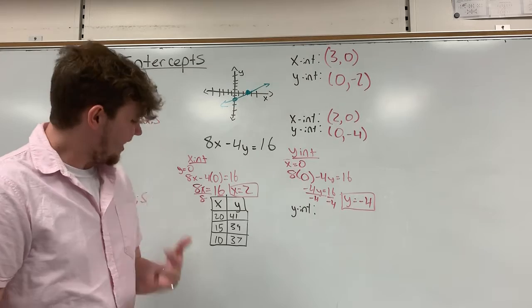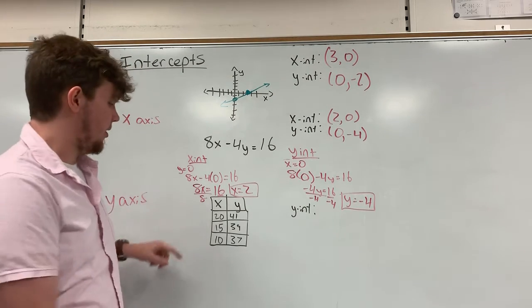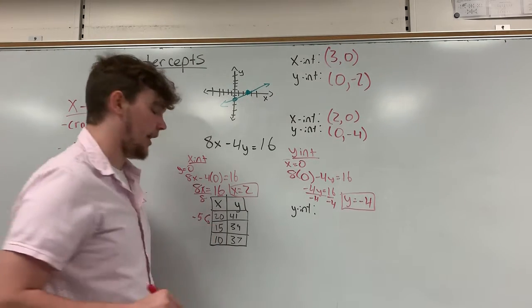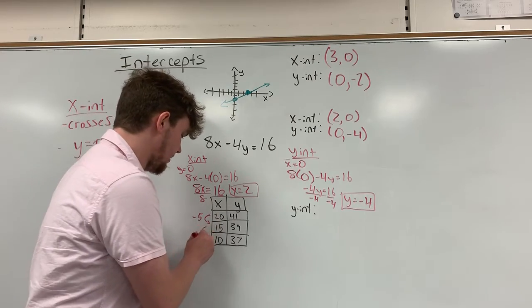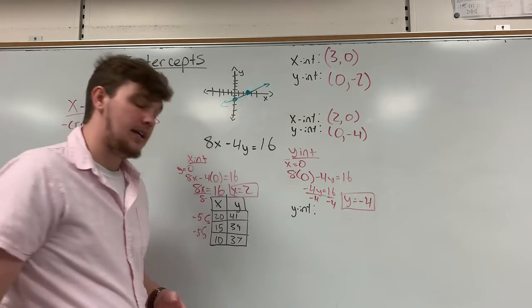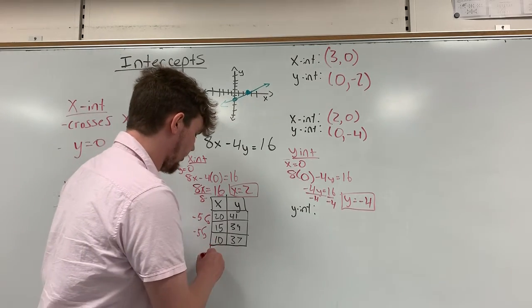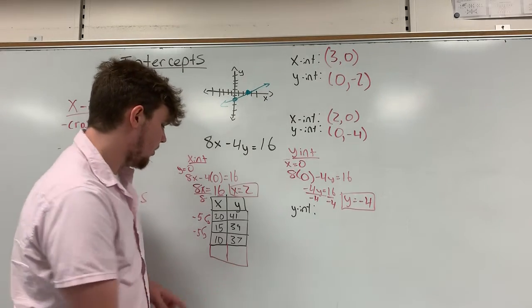Right? And I think I'm seeing that if I went down, right? If I went from 20 to 15, that's subtracting 5. And then if I went from 15 to 10, well, again, that's subtracting 5. And so I'm thinking, I'm getting closer and closer to 0. So let's start going down. Okay? What's my next number here?